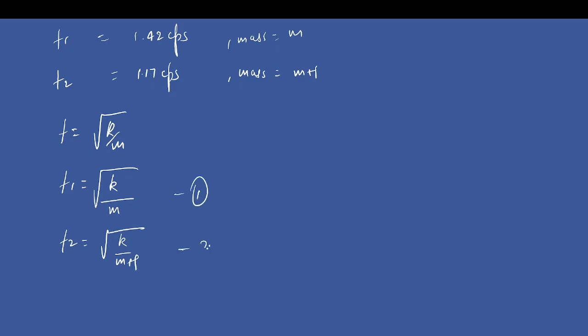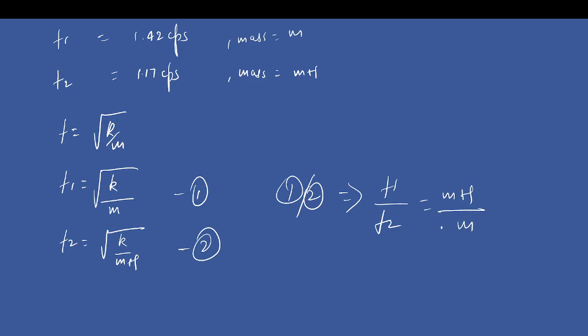So this is 1, this is 2. If I divide 1 by 2, this is f1 by f2, which is the root of m plus 1 by m.